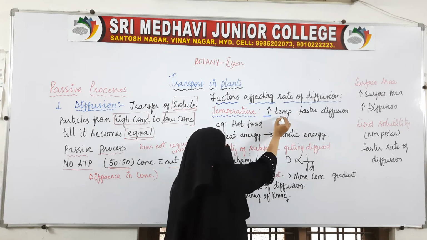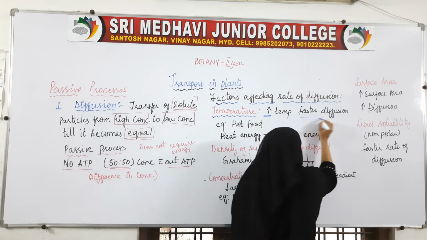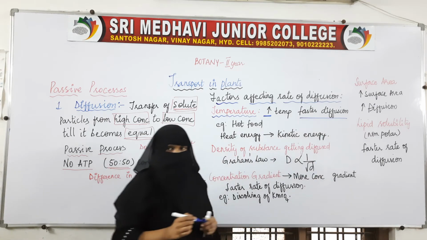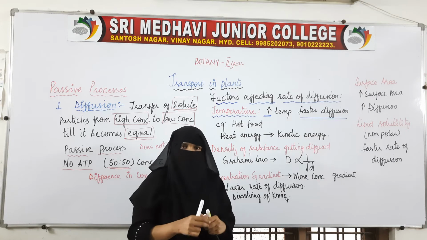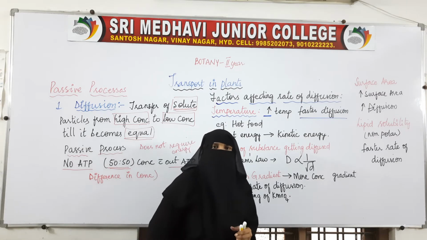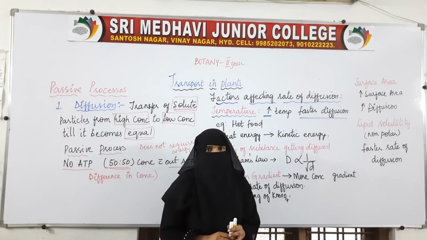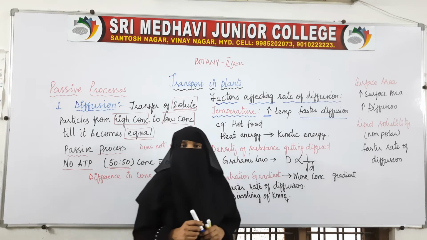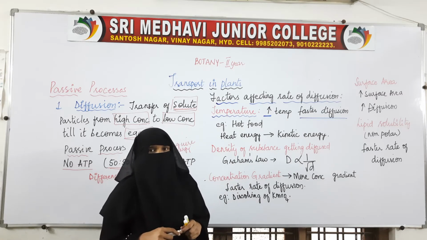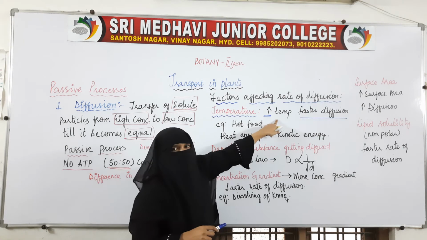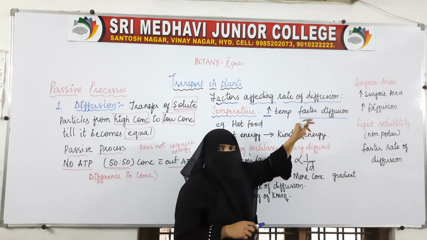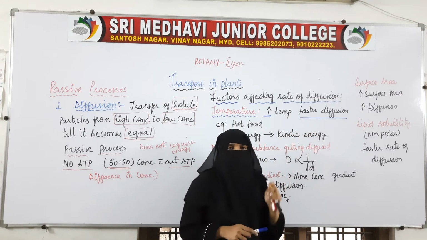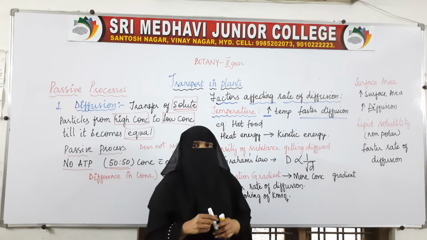With the increase in temperature, the rate of diffusion will be faster. That is, temperature and rate of diffusion both are directly proportional to each other. If the temperature is increased, the rate of diffusion will be increased.